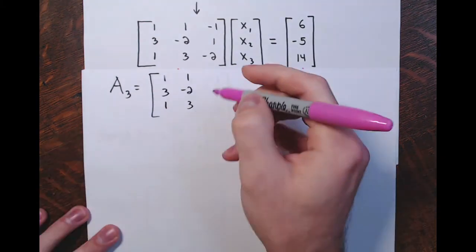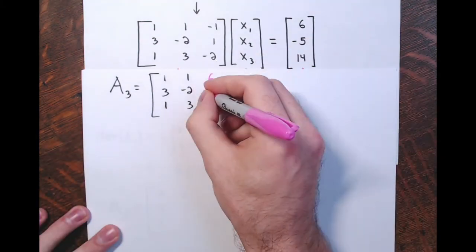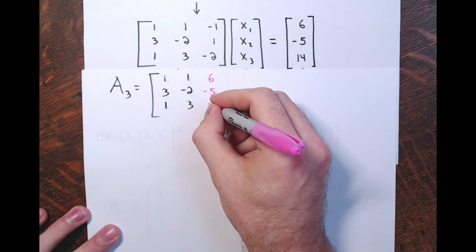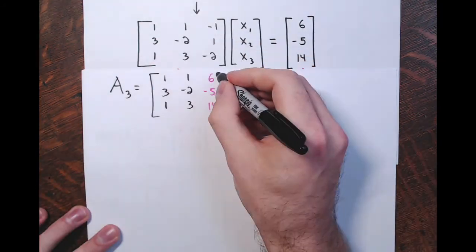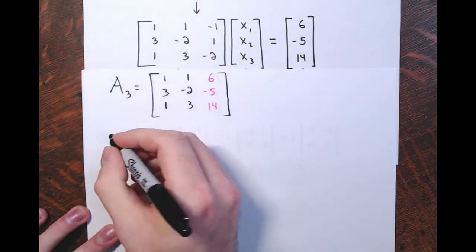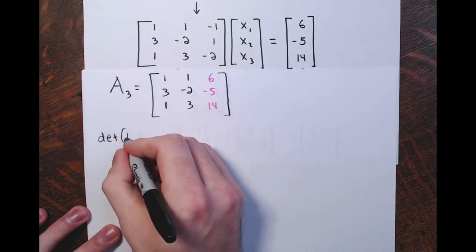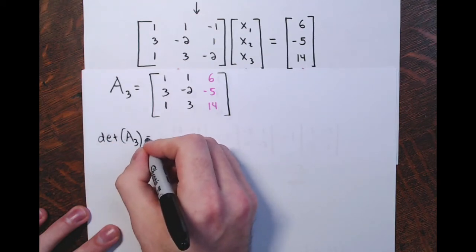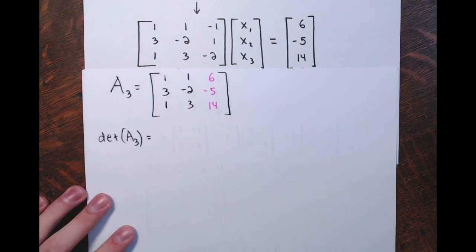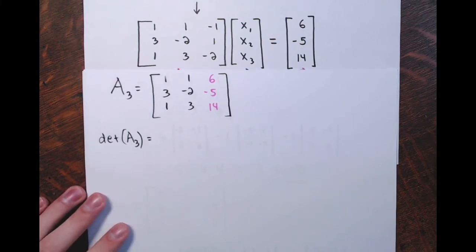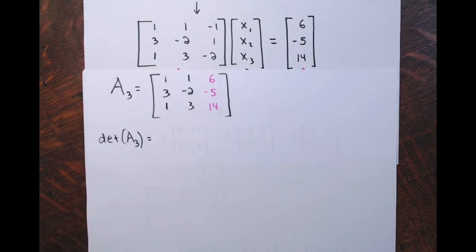And the third column, 6, -5, 14. All right, and now I'm going to find the determinant of A3. And again, I'm just going to go across the top row, do cofactor expansion, and I'll pop this back up when I have it.